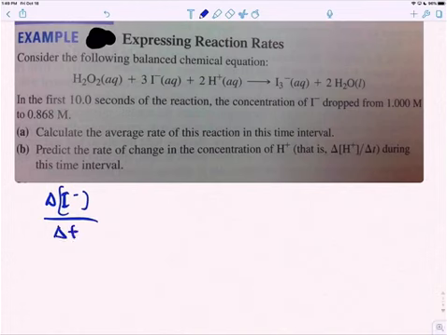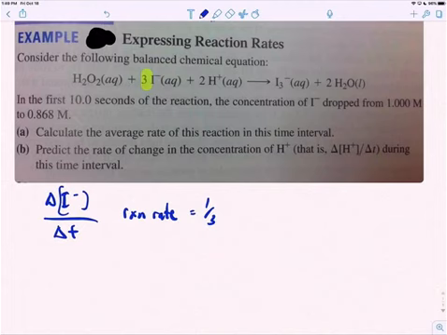If you compare it to the entire reaction, iodide has a factor of 3 here. So the reaction rate for the entire reaction is going to be 1/3 of that, because there's a 3 here.